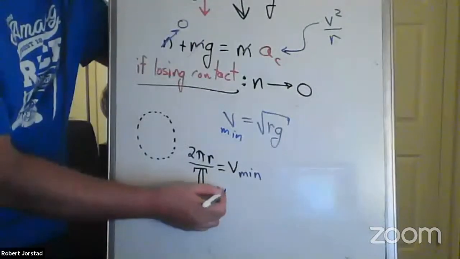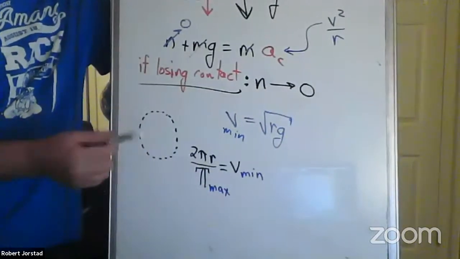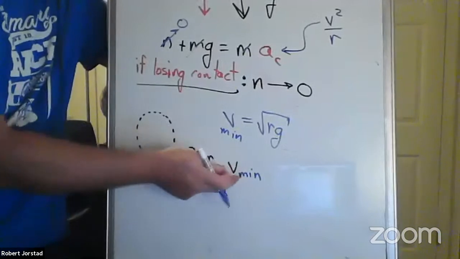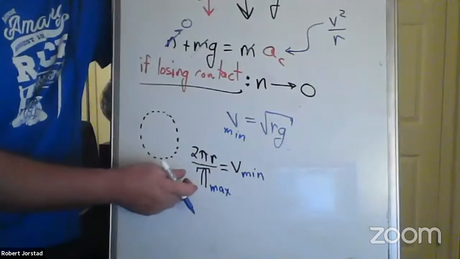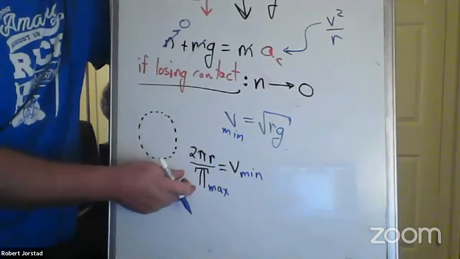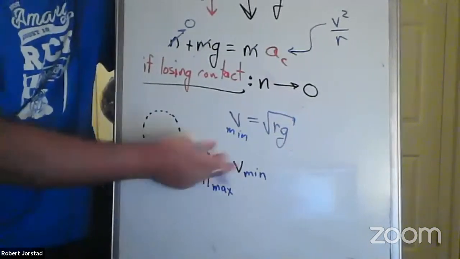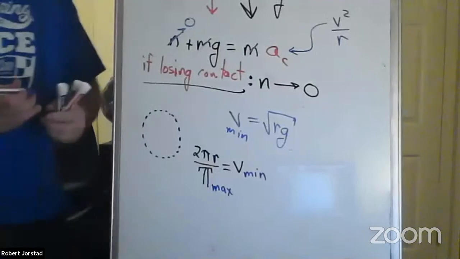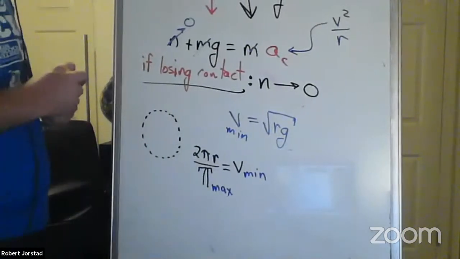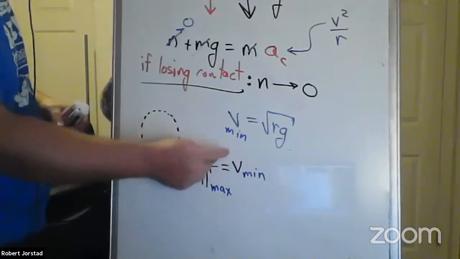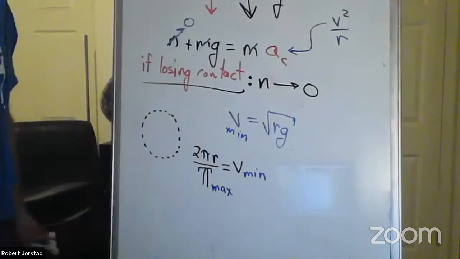In these problems, I have to think carefully about min and max. If I say a maximum period, that means a minimum speed. But if I say a minimum period, that means a maximum speed. And they both come up occasionally. So as you do more and more of these problems, just be careful here. Min or max, period or velocity, they both show up a lot.